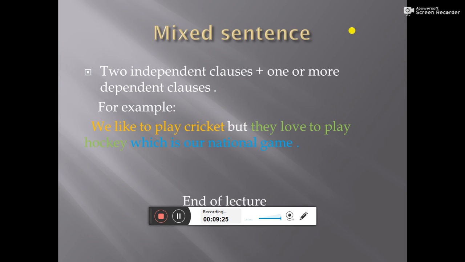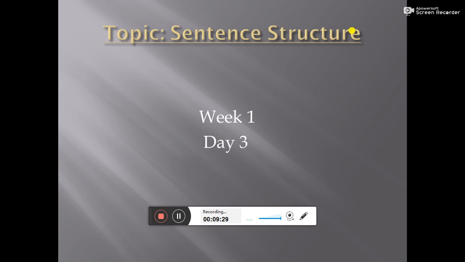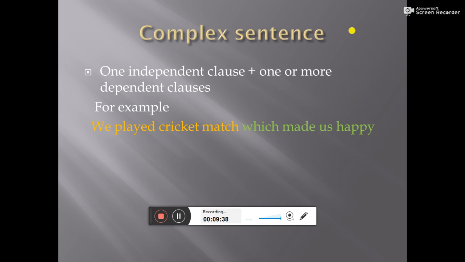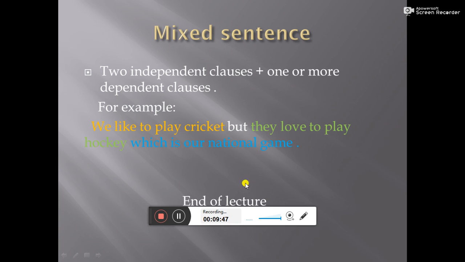If I conclude this whole topic of sentence structure, then I must say that these are the types of sentences on the basis of their formation. You can see the examples we have discussed, all with reference to their formation, how they are constructed and how they are formed.